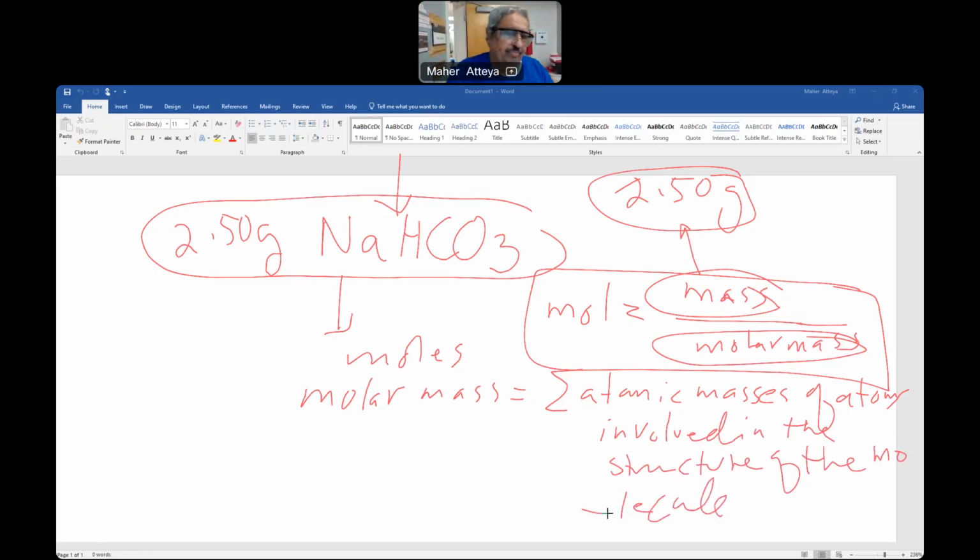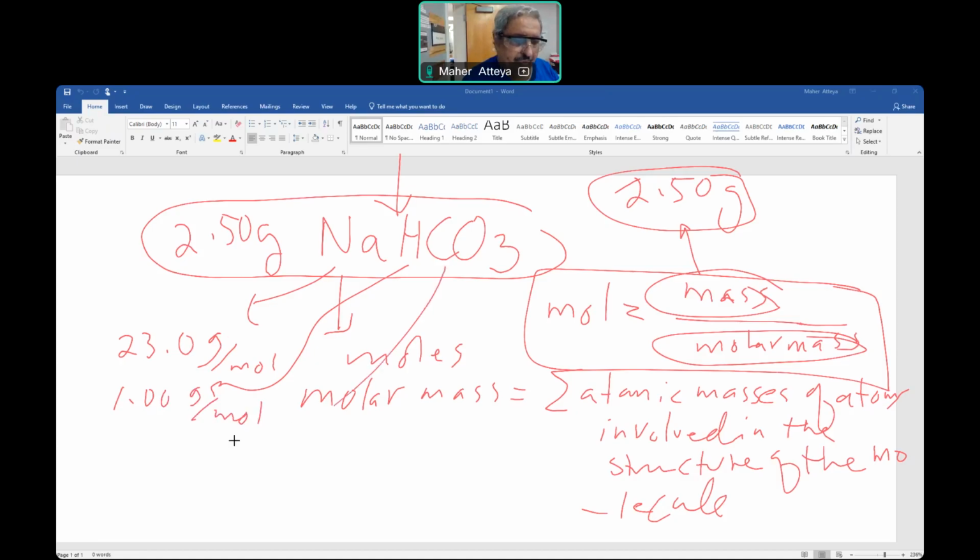So you have one sodium, which is 23.0 gram per mole. You have hydrogen, 1.00 gram per mole. You have carbon, 12.0 gram per mole. And you have 3 oxygen, 3 multiplied by 16.0 gram per mole. So calculate all of this. How much is it? This is 48, by the way.